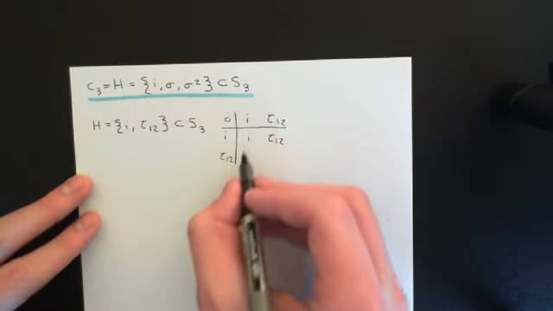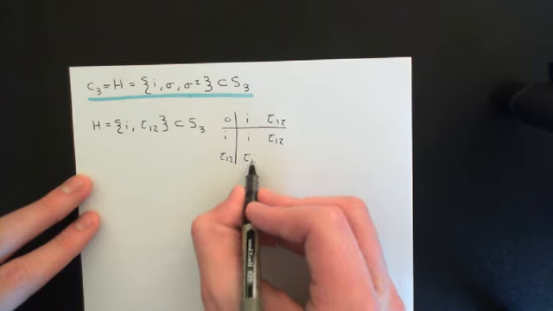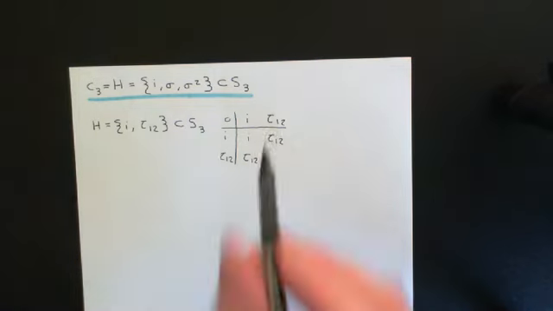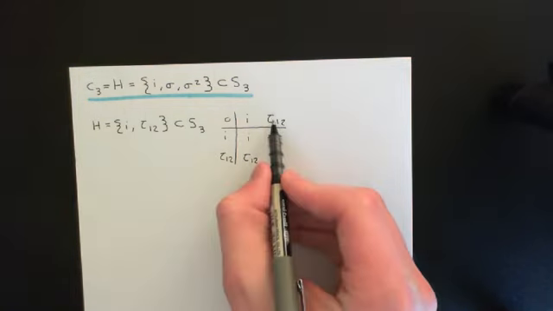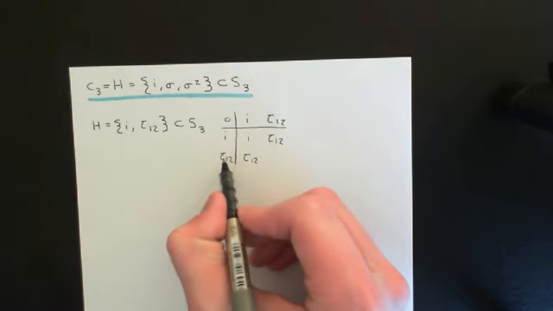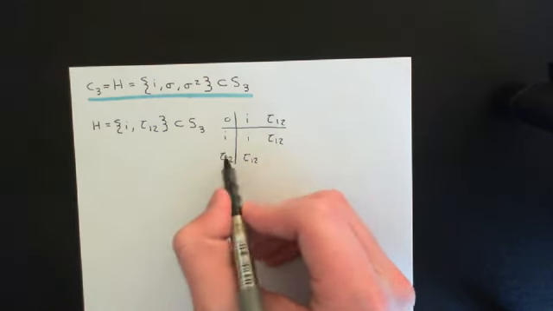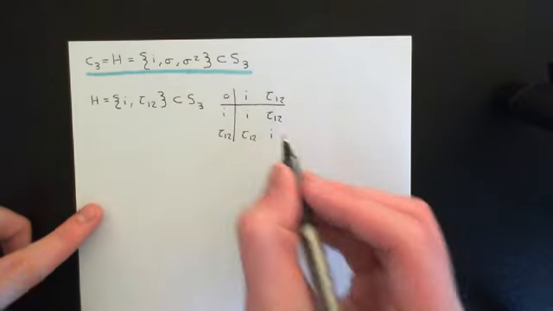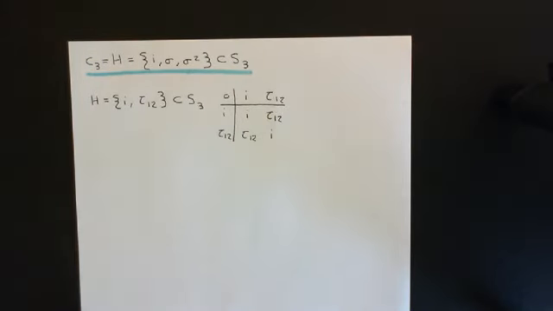Tau1,2 composed with the identity, again, is just tau1,2. This is because whenever you compose the identity permutation with any other permutation, it overall gives you that other permutation back again. Now, what is tau1,2 composed with tau1,2? Well, this means swap 1 and 2 around, and then swap 1 and 2 around again, and you do nothing to 3 in either of those cases, so that overall ends up being the identity back again.